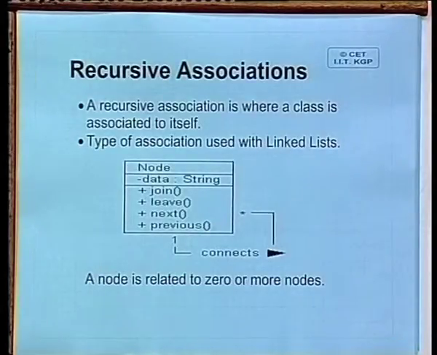Suppose at a time some 10 objects are associated. Through a previous command you go to the previous object, through the next command you go to the next page. So this is called a recursive association. In a recursive association, a node is related to 0 or more nodes.